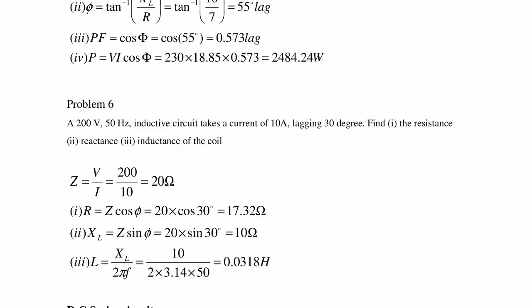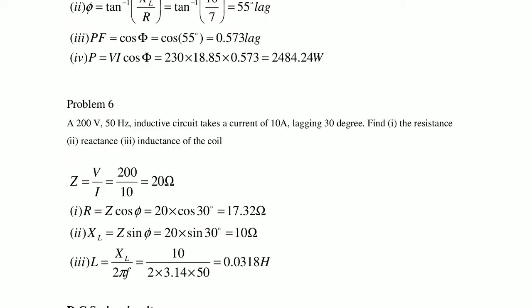That 20 ohms is the impedance. Now first, the resistance formula. In general, cos phi is equal to R by Z, so R is equal to Z cos phi. Z we already determined as 20 ohms, and phi is 30 degrees lagging.